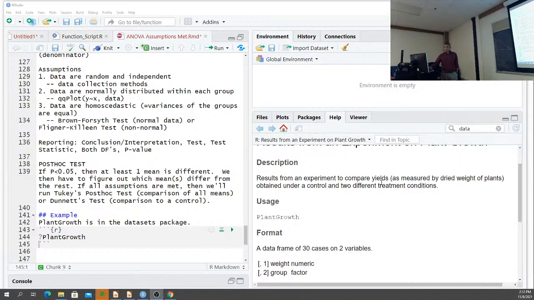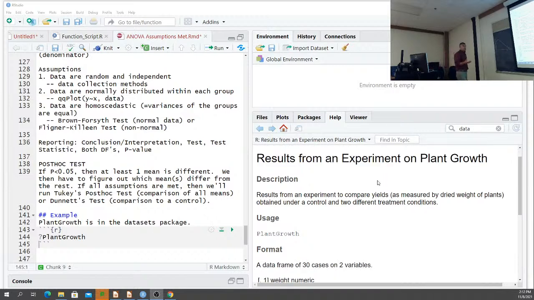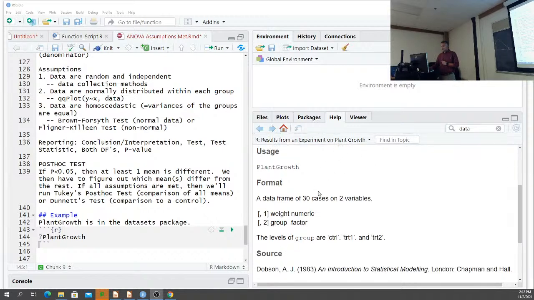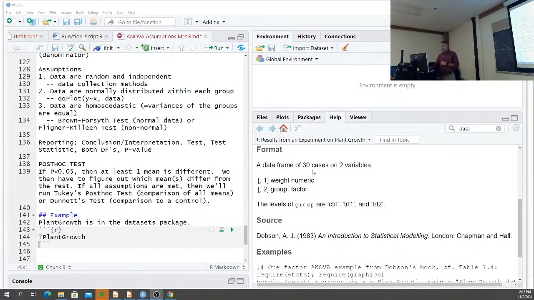So this is an experiment on plant growth. Right? It's going to compare yields based on the dry weight of the plants under a control and two different treatment conditions. All right, so we've got a control and then we have two different treatment conditions. We have a data frame, that's basically what it is, 30 cases on two different variables.